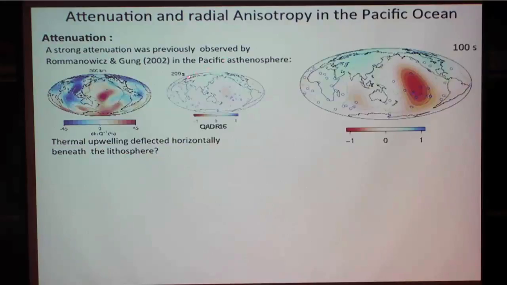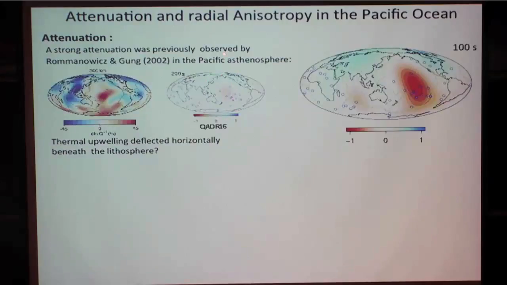So here I have plotted the filtered map at 200 seconds in our model, and in fact it does not come up very well on the slide here, but there is an attenuating region which is located here. I'm not saying that it's the same thing, but it means that at least there is some level of consistent information between the long wavelength pattern of our maps and the attenuation that is seen at 300 kilometers, because the maximum of sensitivity at 200 seconds is near 300 kilometers depth.